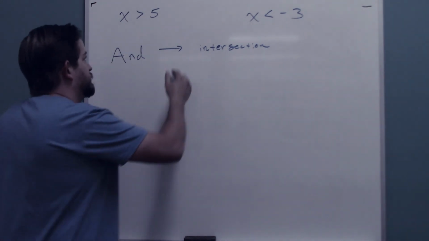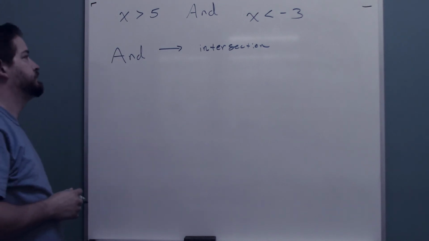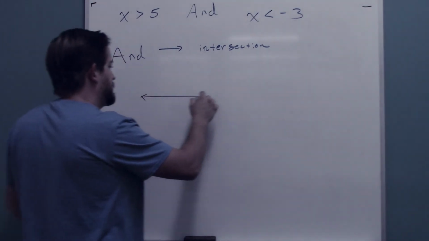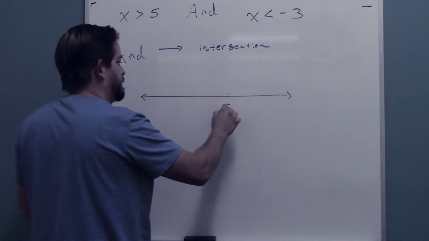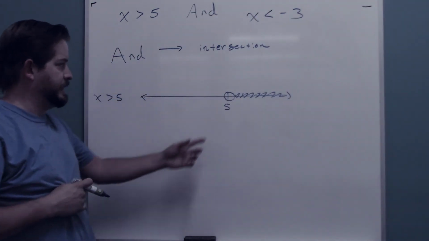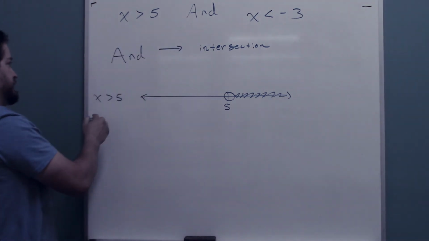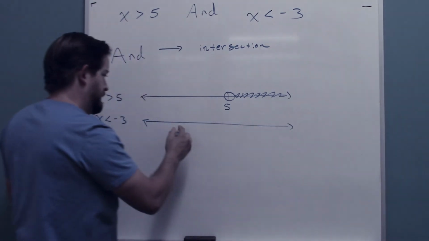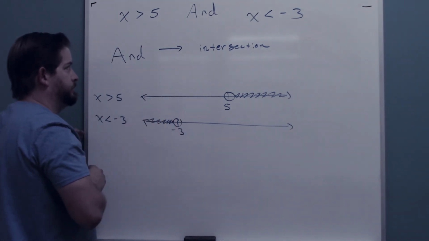So if I have to meet those two limitations here, then x is greater than 5 means all of those numbers starting here at 5, open circle because it's strictly greater, and that way. This is my set, all of those numbers. The other one, x is less than negative 3, is an open circle at negative 3 and everything to the left.